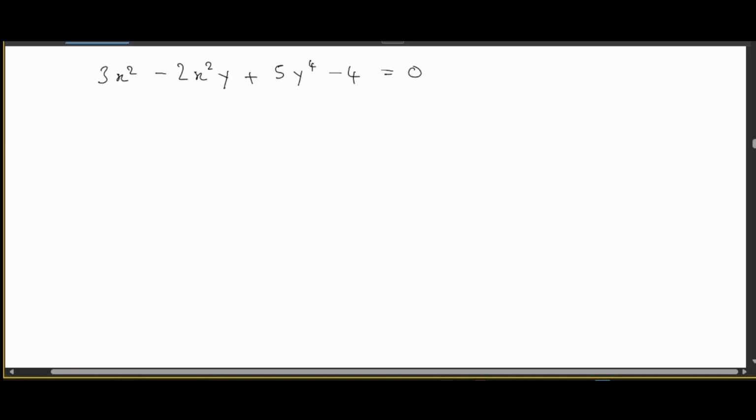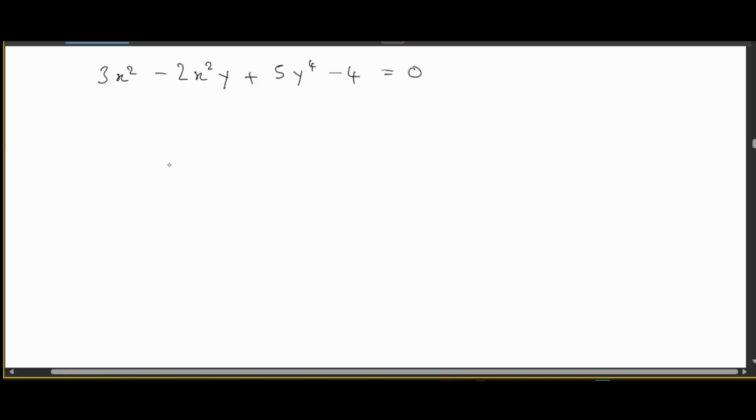We want to differentiate that. But before we get into it, firstly we have to notice if we have a situation where we have to apply the product rule. So we look at the different terms making up this equation to see if there is a product. Can you see that minus 2x squared y is a product of x and y?